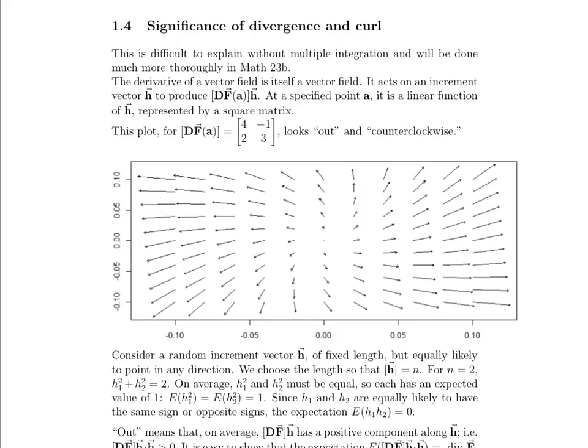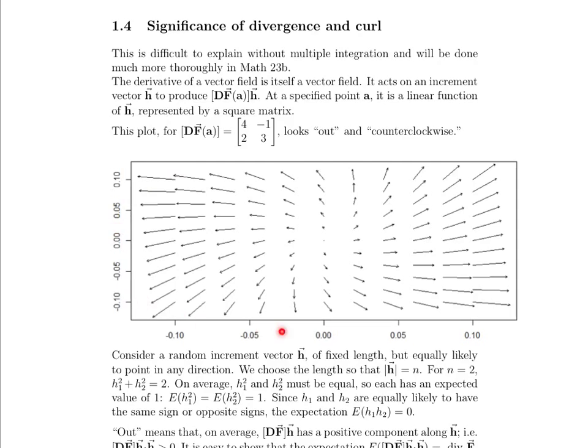The derivative of a vector field is itself a vector field. It acts on an increment vector h, and it produces df of a acting on h. At a specified point a, it is a linear function of h represented by a square matrix. So here is an example of our plot of what happens when df of a acts on all different increment vectors within this.